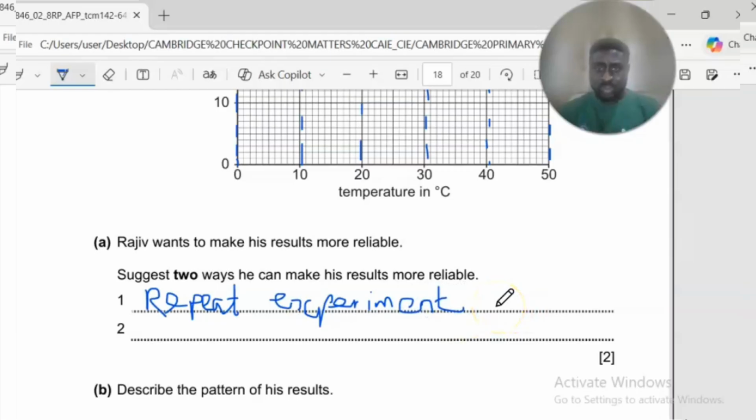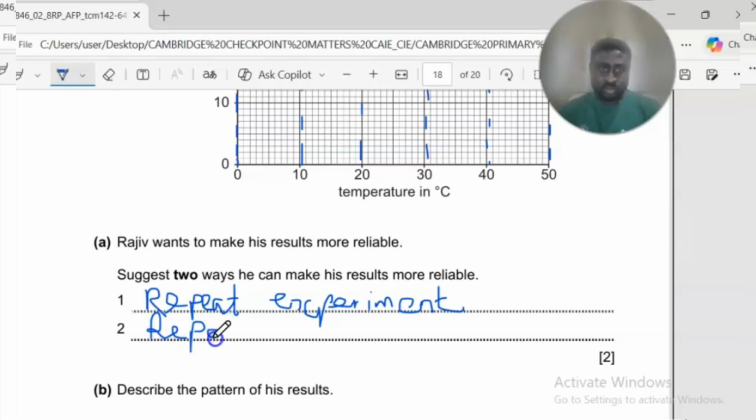Or in line with this, you can also say he can double check the experiment. He can repeat with more temperatures. We can say let him repeat or use more temperatures.